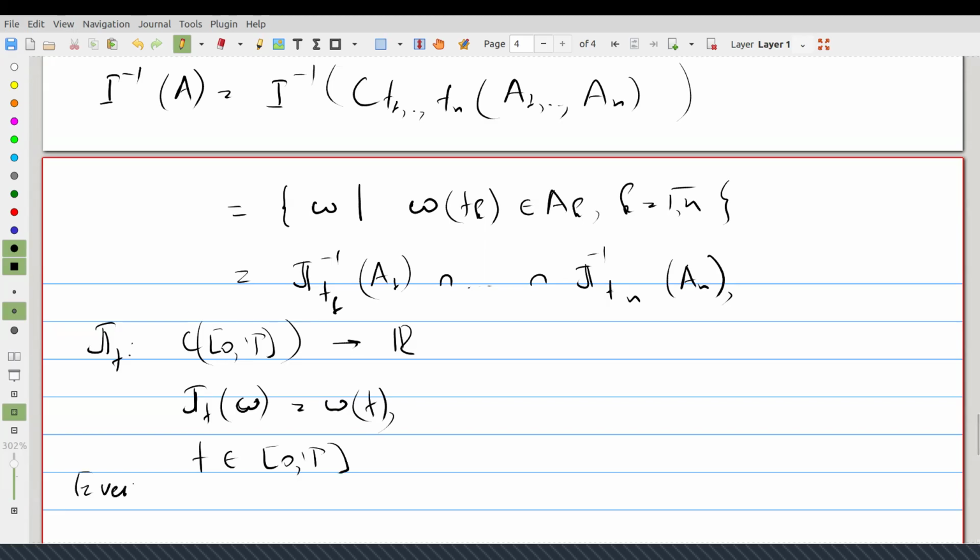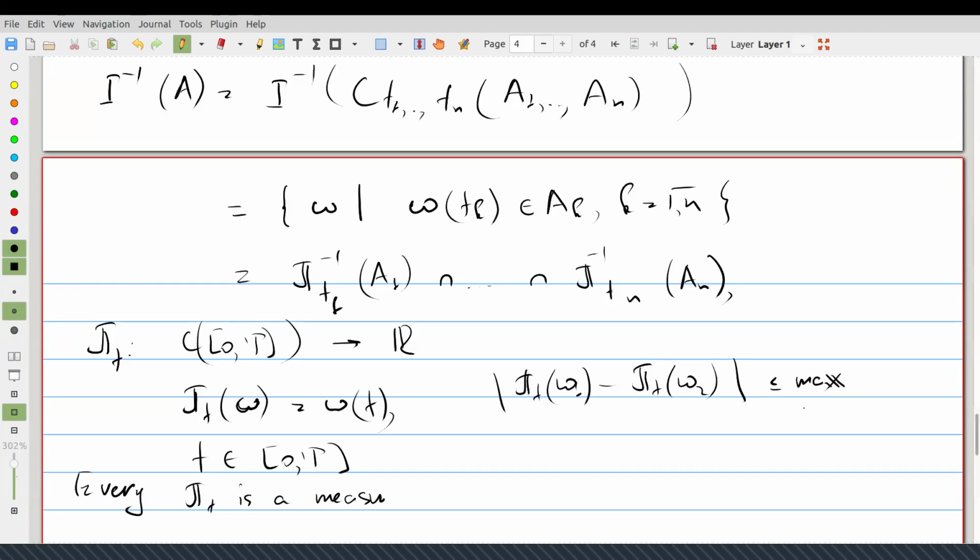Now every pt is a continuous function in terms of the uniform metric, because the difference of pt of omega 1 and pt of omega 2 is obviously less than the maximum over s from 0 to T capital of omega 1 at s minus omega 2 at s.